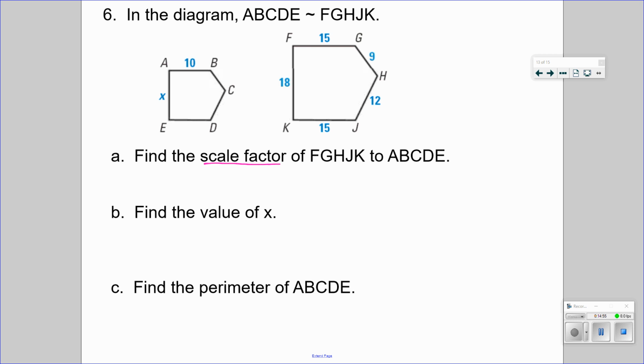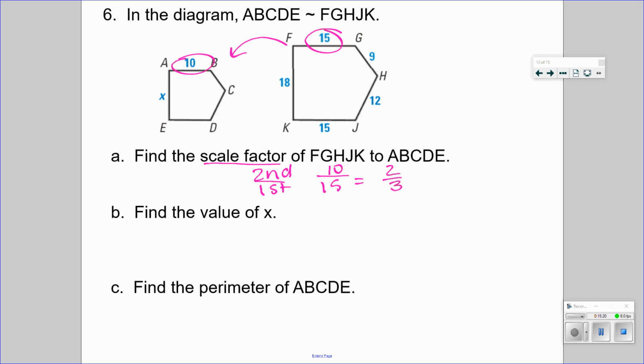There's two ways to think about it. It's the second over the first, meaning pick one of your sides that has things labeled. The second one is 10 over 15, so 2 over 3. Or if you just think about it, we're going from this one to that one, so smaller number.